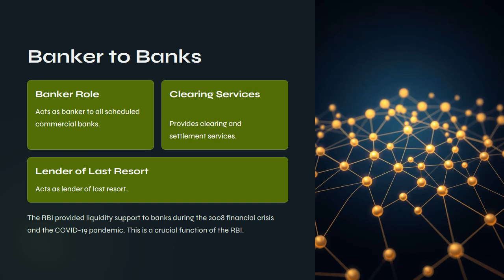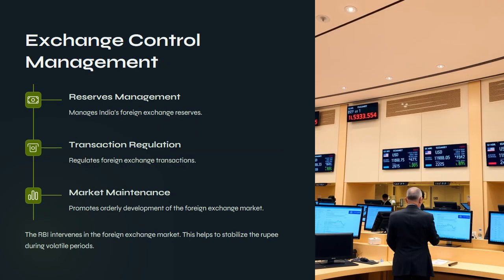See, the RBI provided liquidity support to banks during the 2008 financial crisis, and we have seen how the situation was during the COVID-19 pandemic. So the RBI is always ready to support and aims at the welfare and development of its people. Then exchange control management. What is exchange control management?